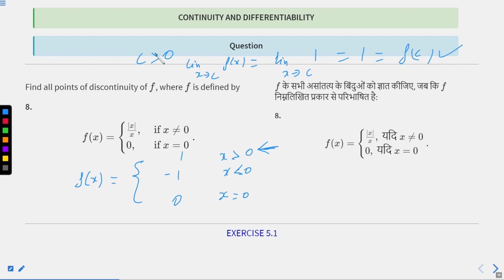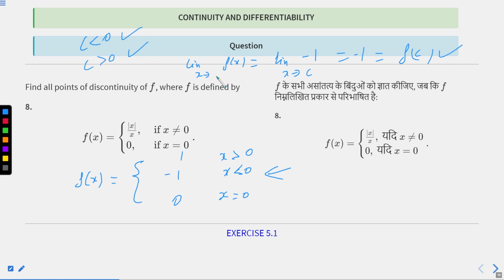So it is continuous at every point greater than 0. What about less than 0? If negative, then I have to work with this. So this will be minus 1. The limit is minus 1, and f of c is minus 1 if c is negative. Okay, also continuous. So we have shown that for c negative and c positive, it is continuous.